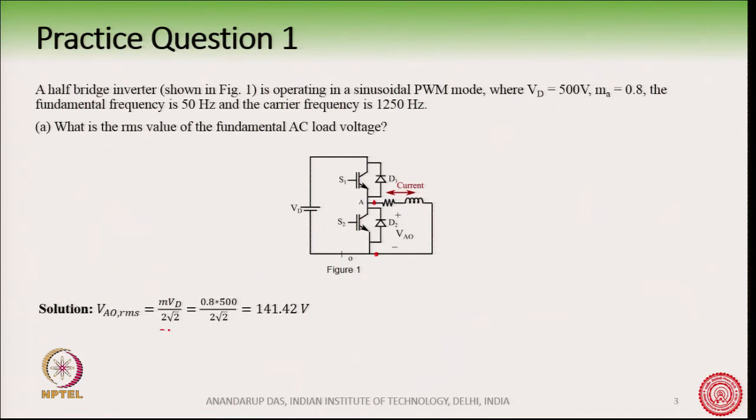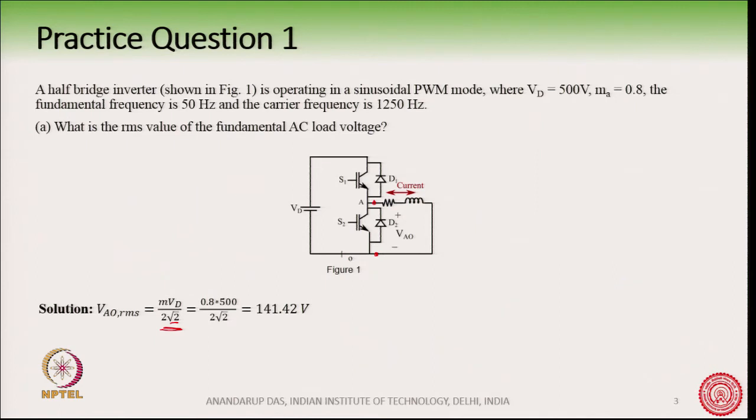If you see this expression, mVd by 2 is the peak fundamental AC voltage, and the RMS value will be divided by root 2. So, the expression is mVd divided by 2 root 2. This is the fundamental AC load voltage or fundamental AC pole voltage.